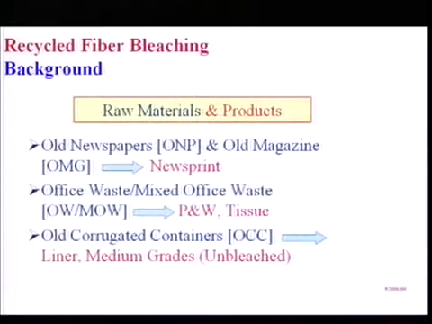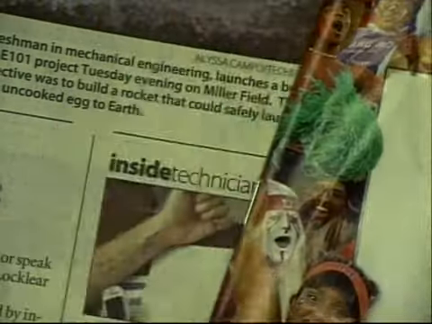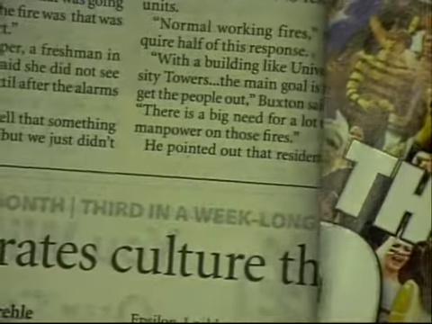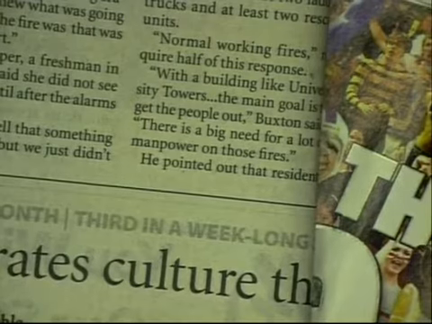There are three types of recycling. To make newsprint, what you need to do is recycle newspaper. Sometimes these newspapers are mixed with old magazines, so newsprint mixed with magazine. 70% of newsprint is typically mixed with 30% of magazine, or sometimes 80-20 or 90-10.